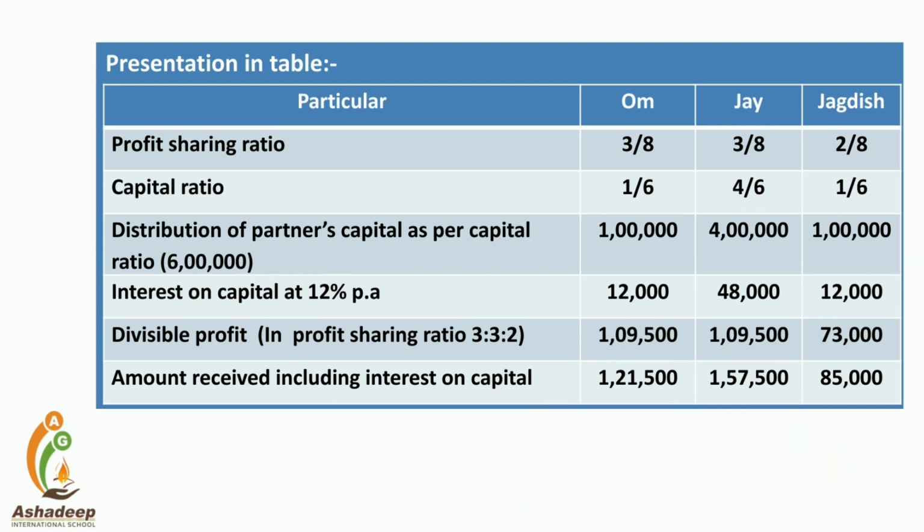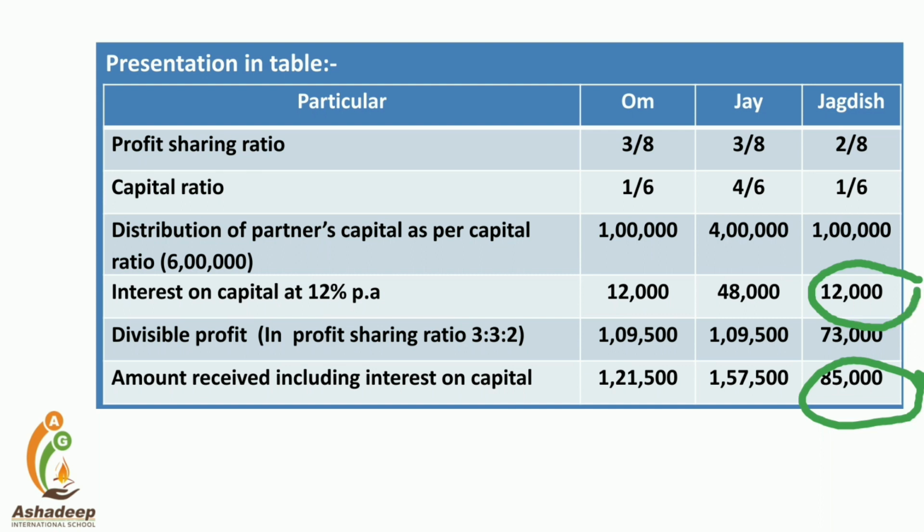Now if we want to find interest on capital, we have the individual capital. So on 1 lakh the interest will be 12,000 at 12% interest, on 4 lakh it will be 48,000, and for 1 lakh it is 12,000. Now we know that the total amount received by Jagdish is 85,000, and the amount received as interest for Jagdish is rupees 12,000.